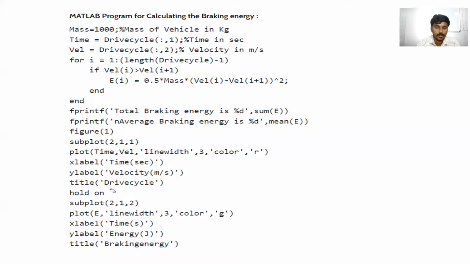That graph shows the drive cycle. Title is nothing but drive cycle. That is the name of that graph. You can give any name, drive cycle or X cycle or Y cycle or XYZ. You can also give your own name, whatever.